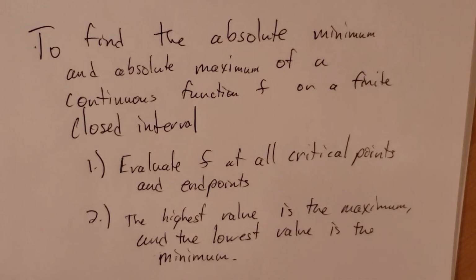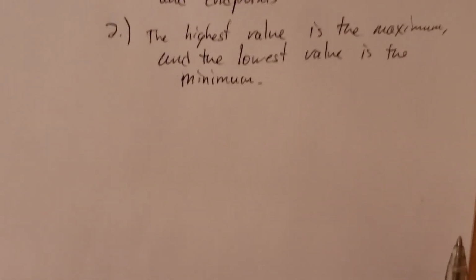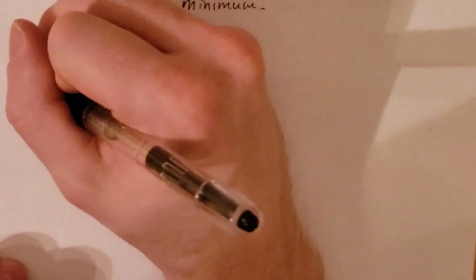So all we do is find all of the critical points, and then evaluate f at those critical points and at the endpoints. Whatever the highest value is must be our absolute maximum. Whatever the minimum value is must be our absolute minimum. So we end this video with an example of such a thing.